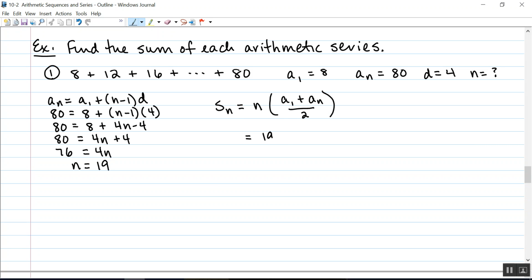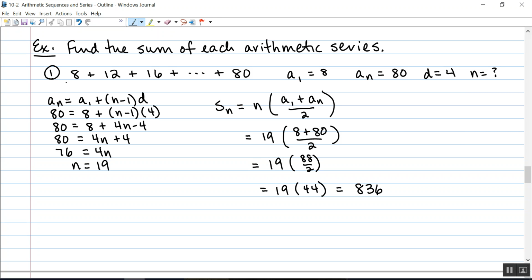So n is 19, a sub 1 is 8, a sub n is 80, divided by 2, or 19 times 88 over 2, or 19 times 44, which gives me 836. So the sum of those first 19 terms from 8 to 80 is 836.